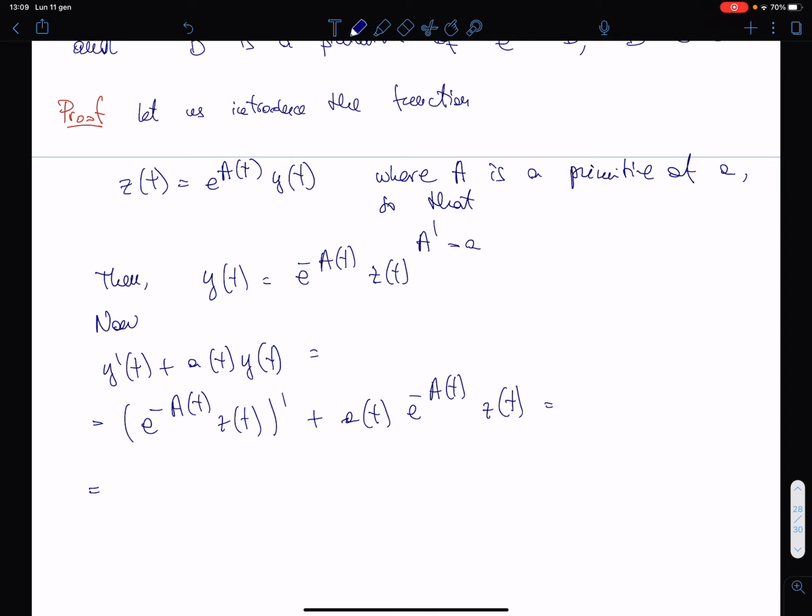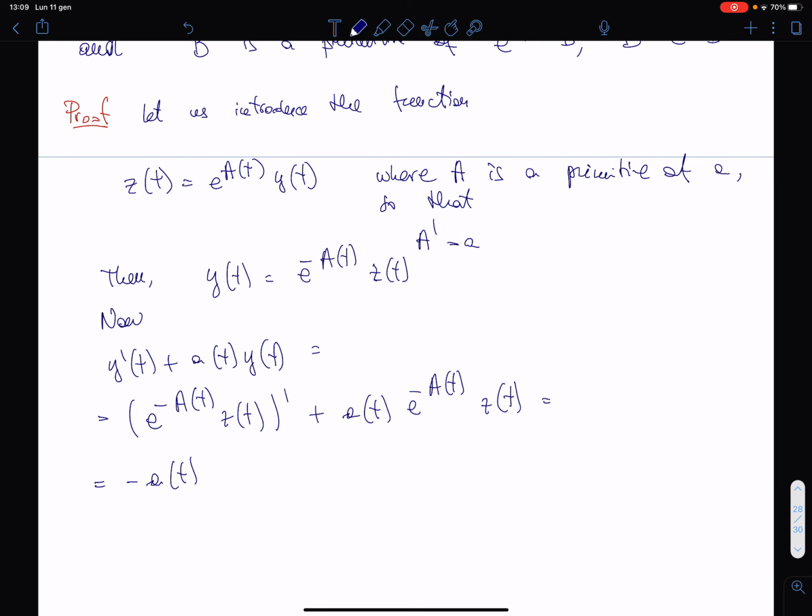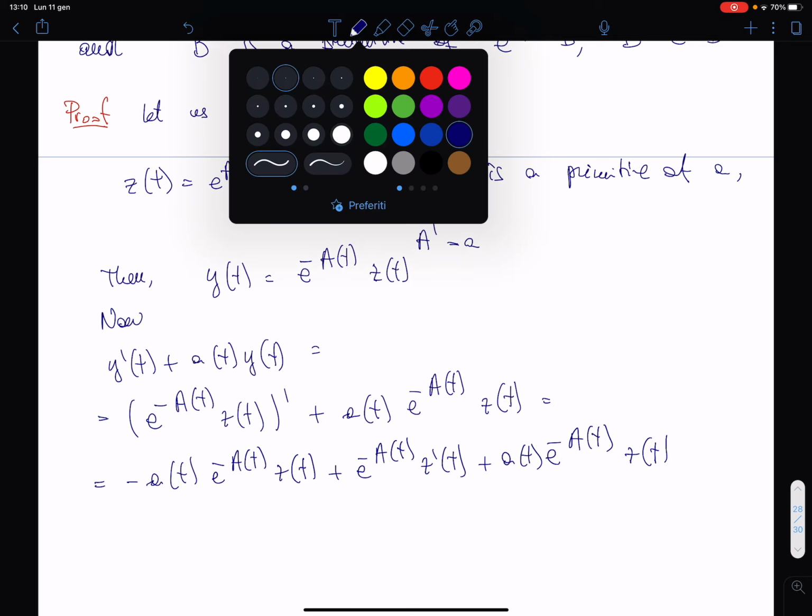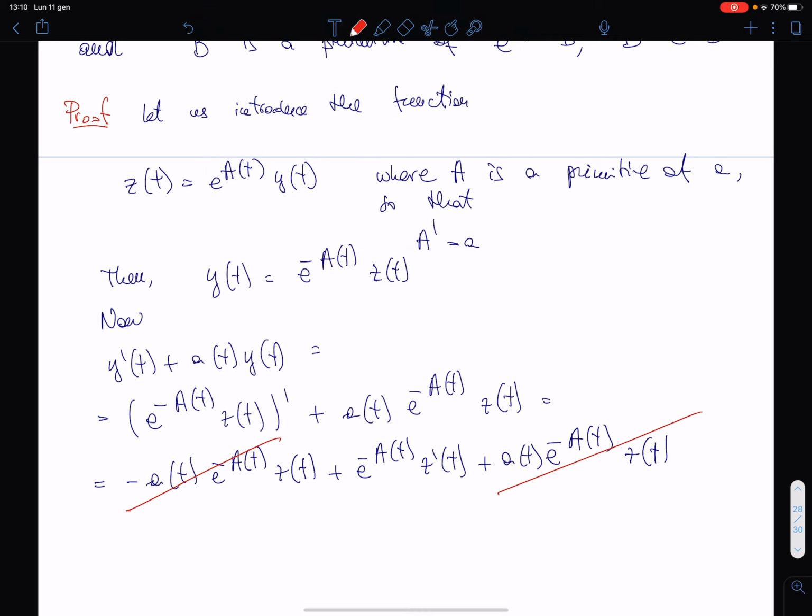It is immediate, so you have minus a of t, which is the derivative of capital A, and then e to the minus A of t z of t. Here we differentiated this factor. Now, by Leibniz rule, we have to differentiate the second one, e to the minus A of t z prime of t plus a of t e to the minus A of t z of t. And here there is the miracle. The miracle is that these two terms cancel each other.